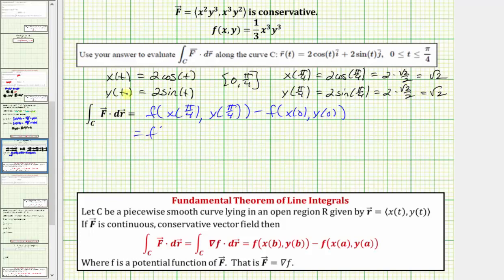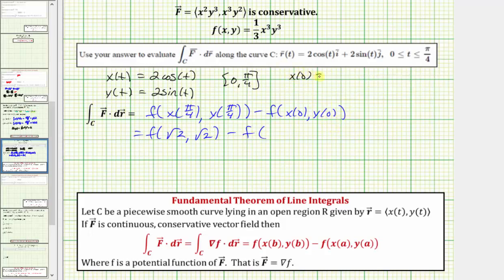So here we have f of square root 2, comma square root 2 minus f of x of 0, comma y of 0. Well, x of 0 is equal to 2 times cosine 0, which equals 2 times 1 or 2, and y of 0 is equal to 2 times sine 0, which equals 2 times 0, or 0. So here we have f of 2 comma 0.